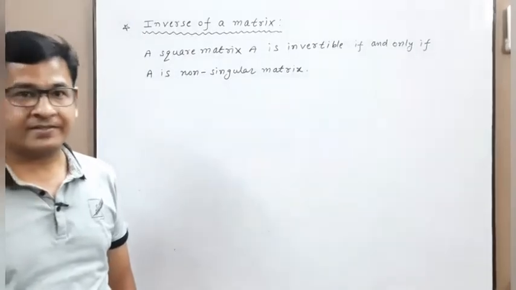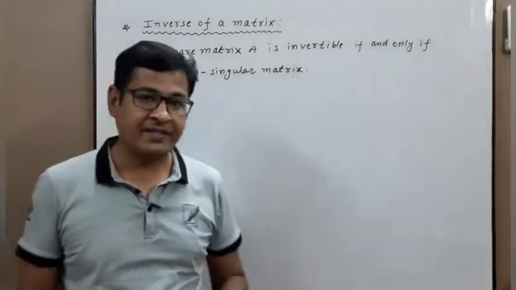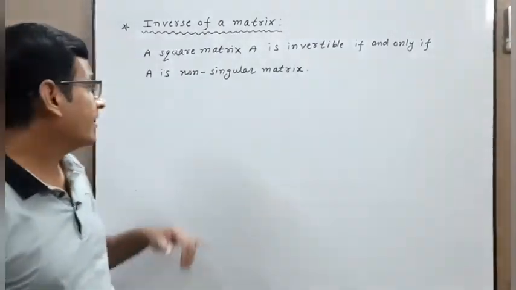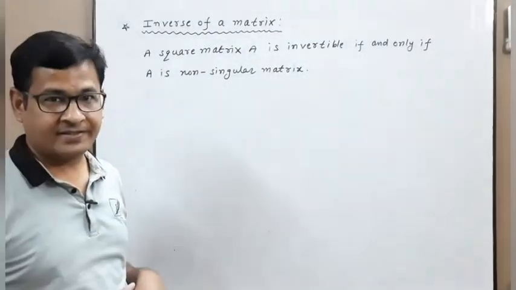Inverse of a matrix. A square matrix A is said to be invertible if and only if A is non-singular matrix.